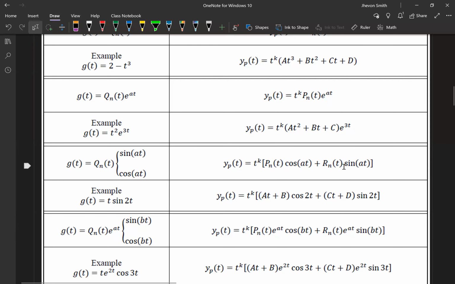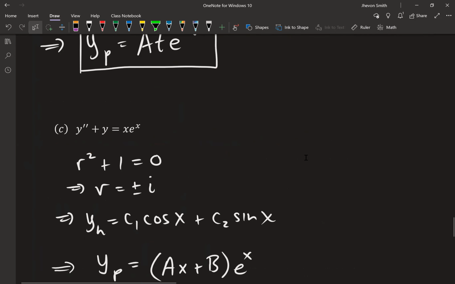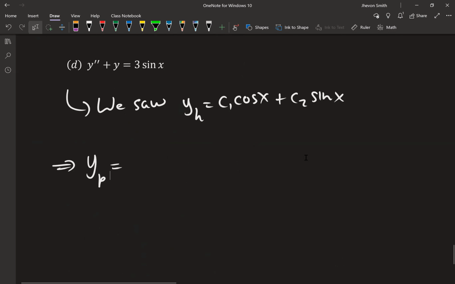I want to address the fact that they could be different polynomials, which means a cosine x plus b sine x, correct? So that is going to be my initial guess. Are we getting it? Why that would be the initial guess?